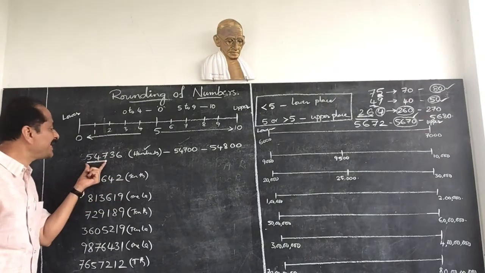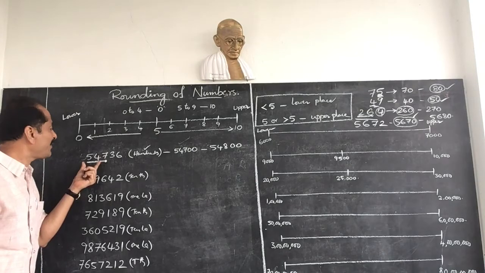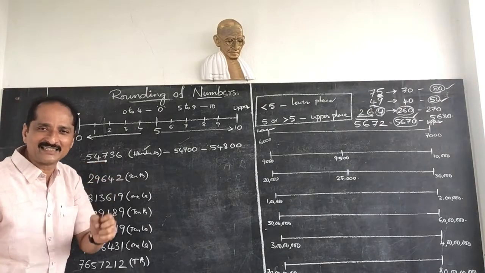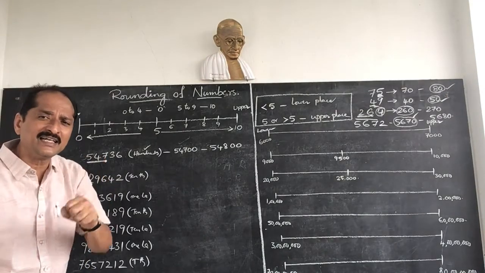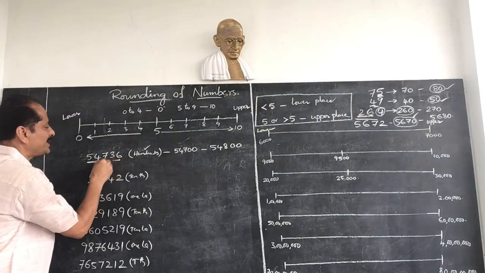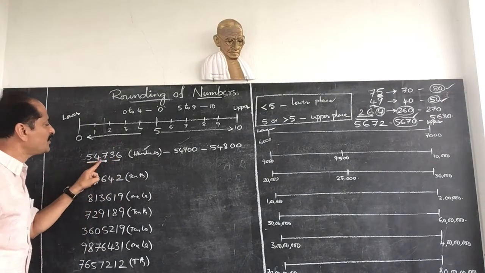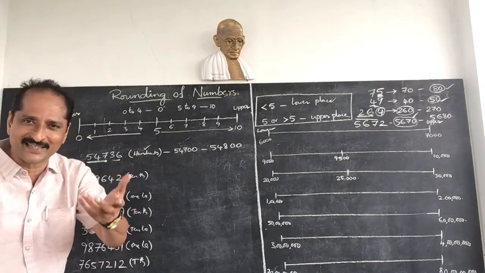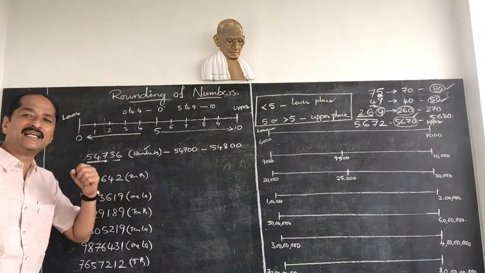That means this many hundreds are there in this number: 547 hundreds. In this number, how many ones are there? 1. That means 54,736 ones are there.